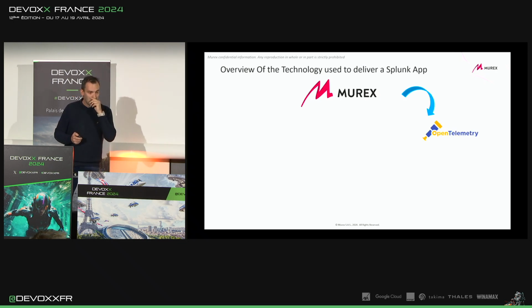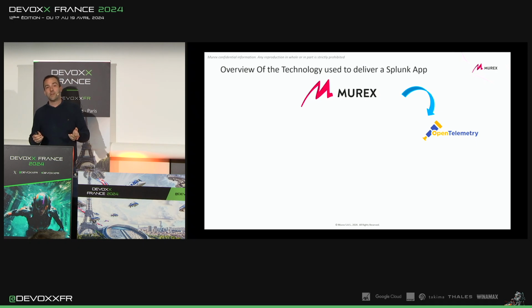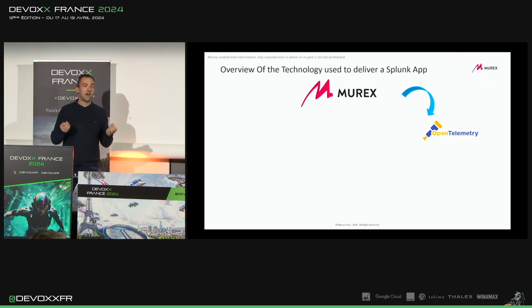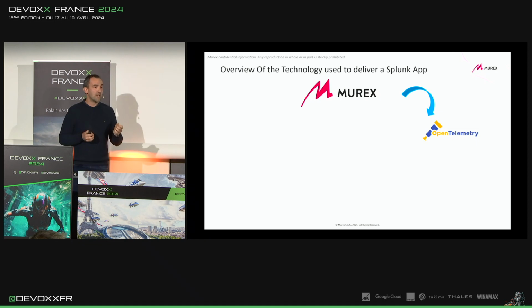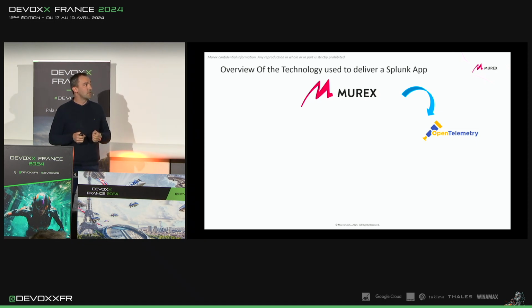So the solution that came from that question, how do we monitor our complicated financial software better? So what data do we use? What data framework? Is we decided to use OpenTelemetry. So we decided to push data out of Murex with the OpenTelemetry format.